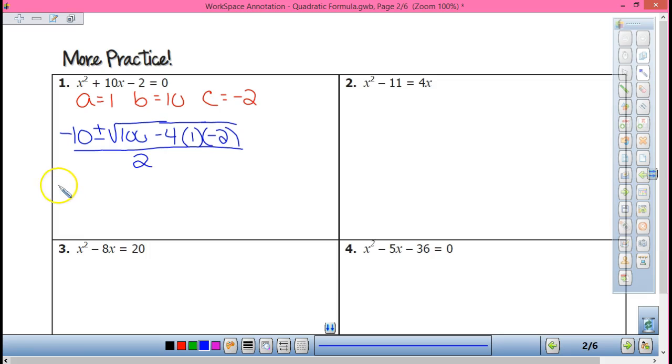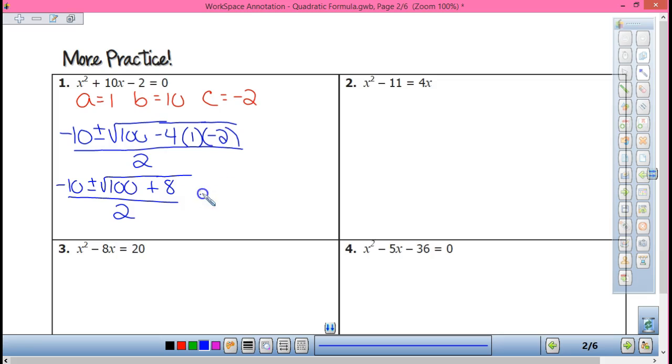Okay, so -10 plus or minus the square root of 100. Now here's the deal, you've got minus 4 times 1 times -2 is going to turn into a plus 8. So be careful with your signs inside there, okay? All divided by 2.